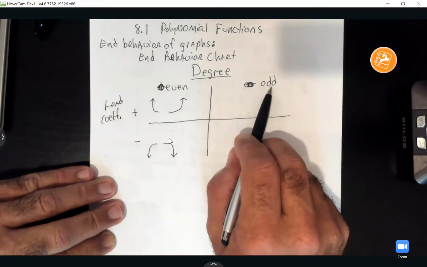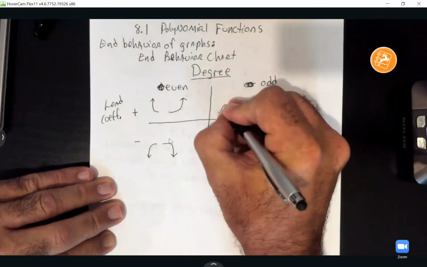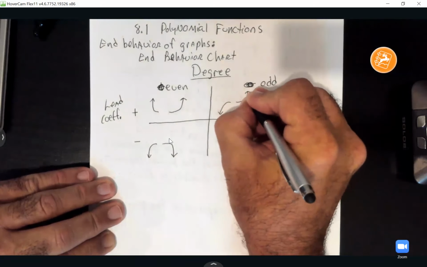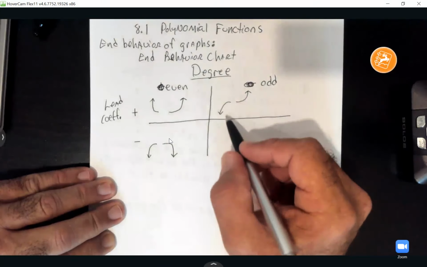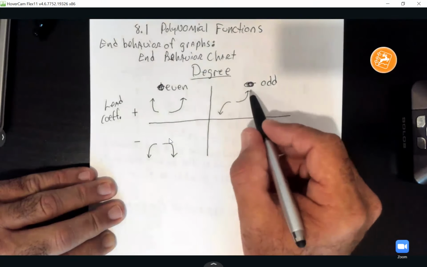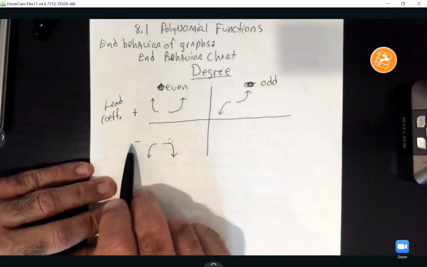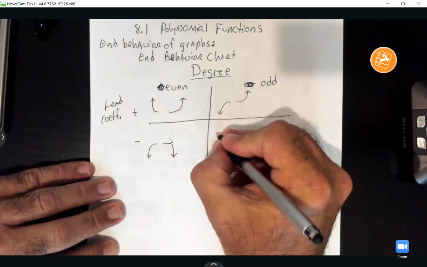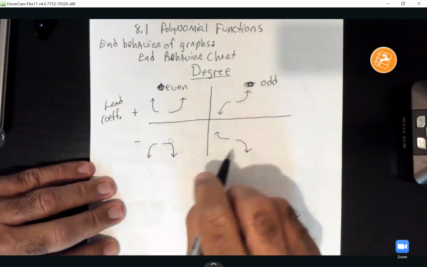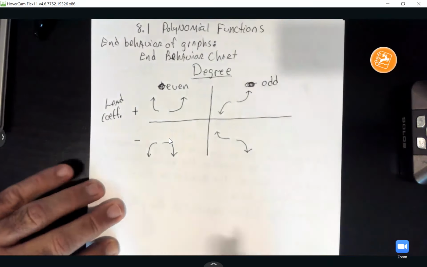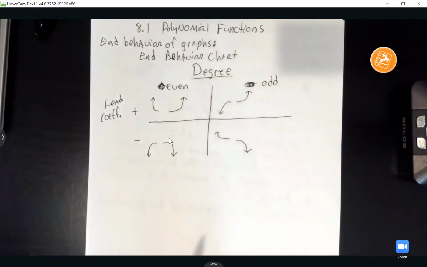If it's an odd degree and it's got a positive lead coefficient, they're going to tend to go uphill, left to right. So that'd be almost like the graphs that were symmetric to the origin, remember? Now, that's if it's positive and odd. If it's negative and odd, it's going to flip it and it's going to go downhill from the left to the right. So y'all, these are the 4 shapes that can happen to a polynomial.